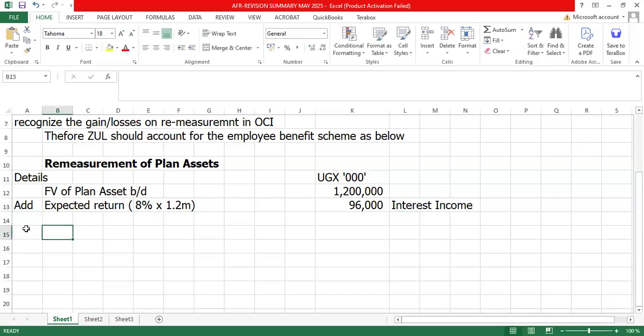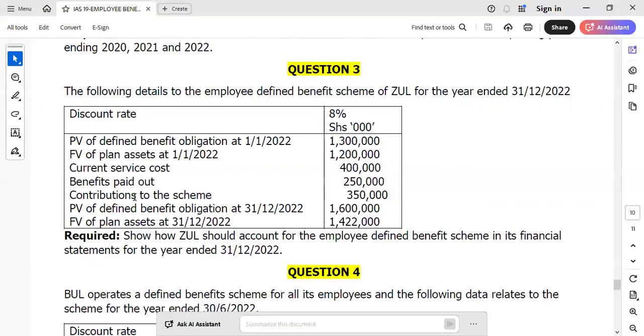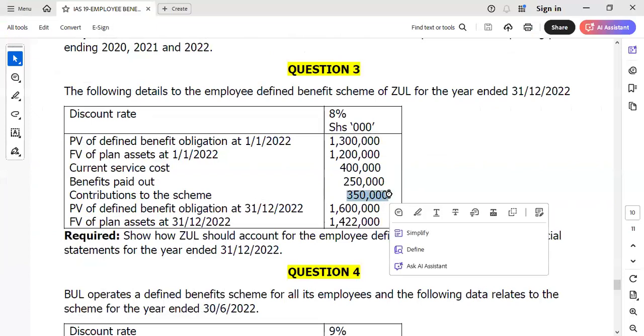Okay, next we are going to add contribution. At least understand this format. Contribution to the scheme. Do you have a contribution to the scheme? If you're not given one, don't bother, that one will be 0. Contribution to the scheme will increase what you have there.